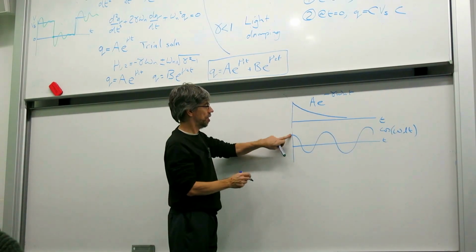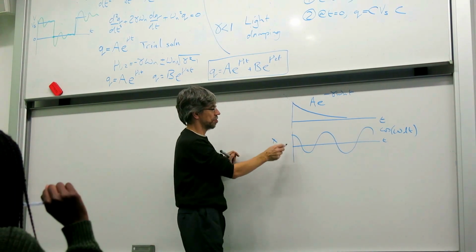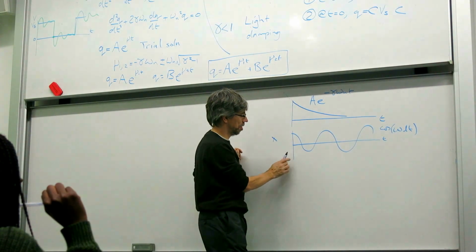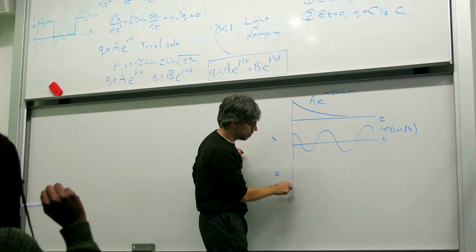I've drawn it without a phase shift. Of course, if you multiply those together, even though the cosine has 0 gradient at t is equal to 0, their product doesn't.